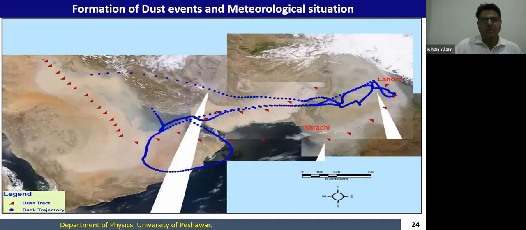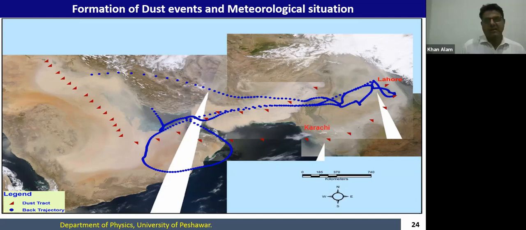And then there was another dust storm in the southwestern region of Pakistan on the second day of the first dust storm, and this dust storm also went towards Pakistan and reached Lahore.